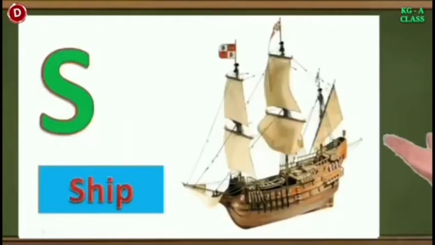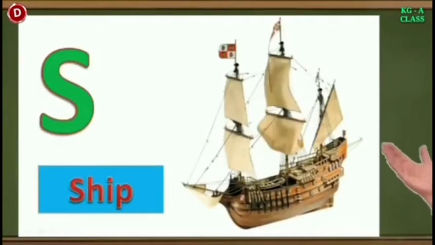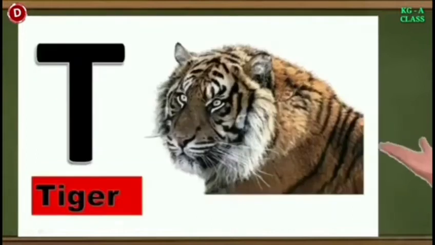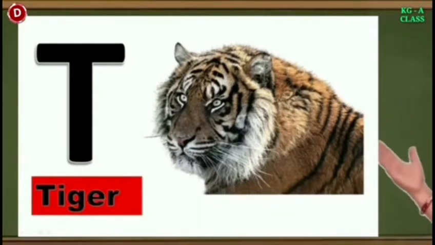This is S. S for ship. Now comes T. This is capital T. T for tiger. This is a tiger. Children, this is capital T. T for tiger. Now comes U.